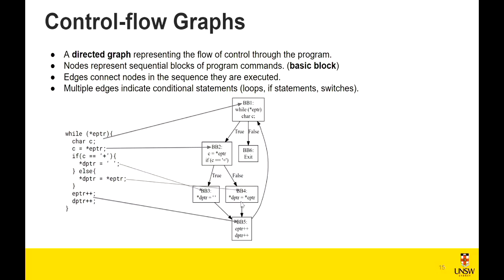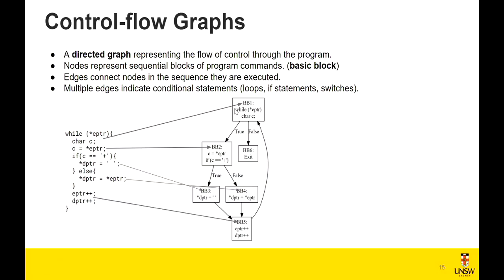That means the statements inside one basic block, or one node in the control flow graph, will always execute together. For example, in the first basic block, if we execute the val statement here, we will always execute the second statement here. That's why we put them into one basic block, or one node, in this control flow graph.